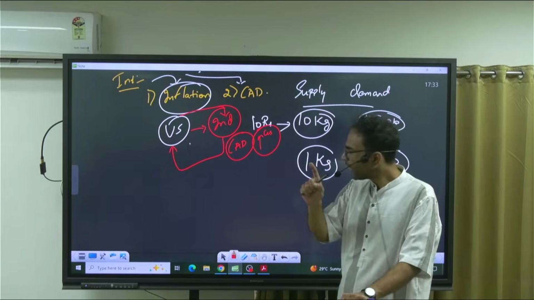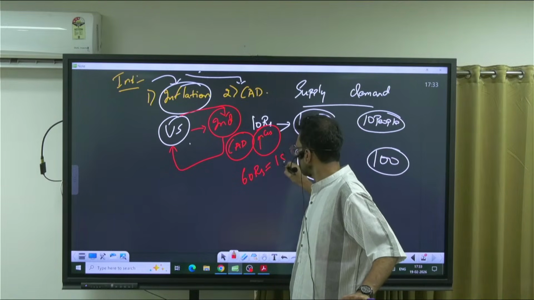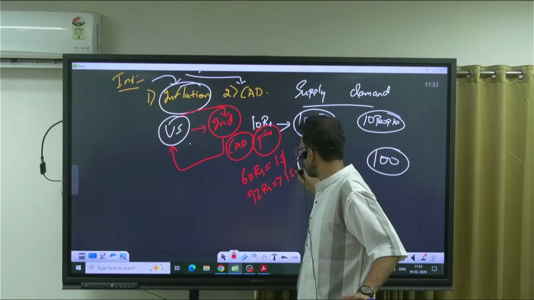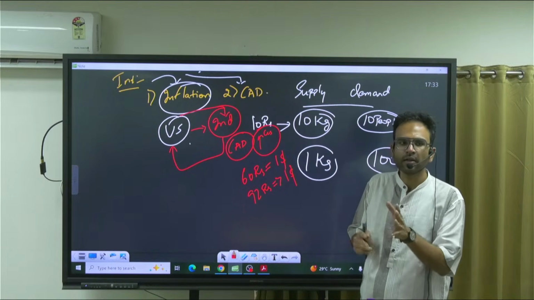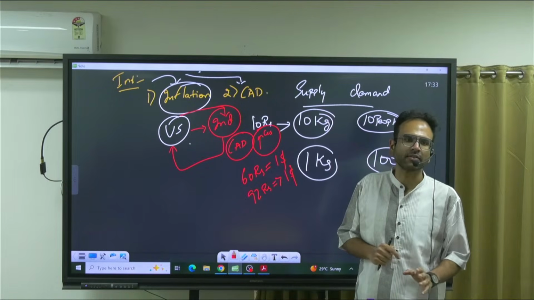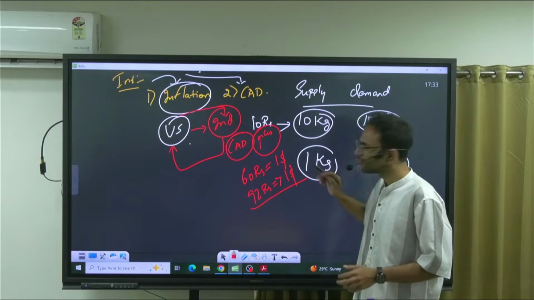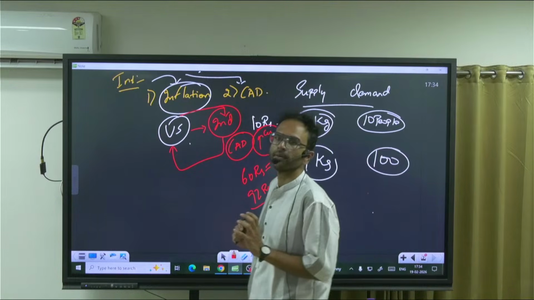So what was 60 rupees for $1 is now 92 rupees per $1. Why is this happening? Partially because of the trade imbalance created by policies. Let's say our favorite character, POTUS Trump, is there. So he creates that trade imbalance time and again.